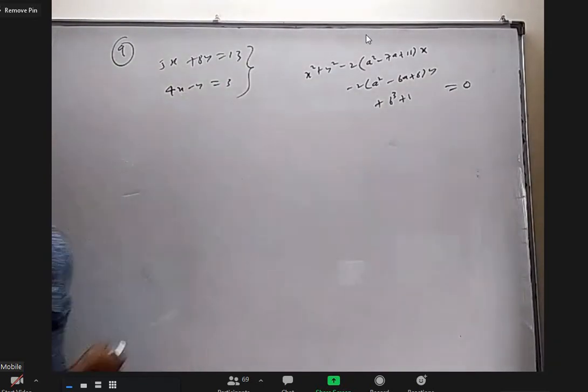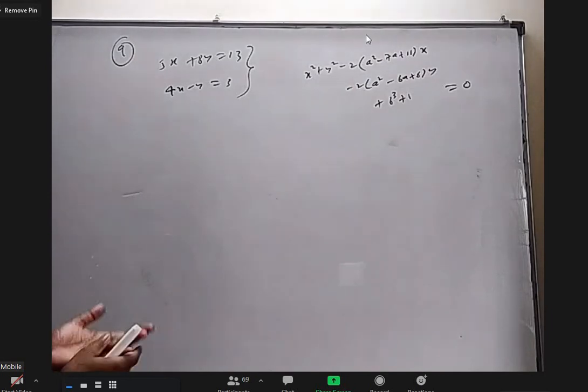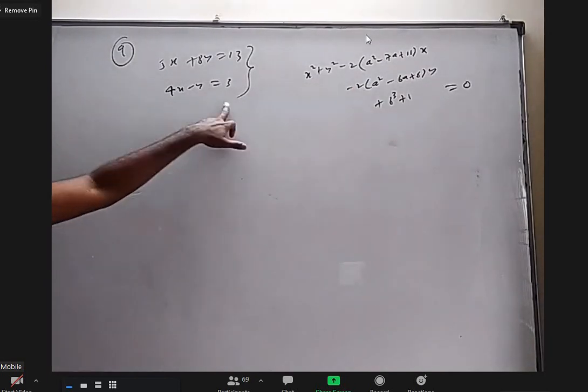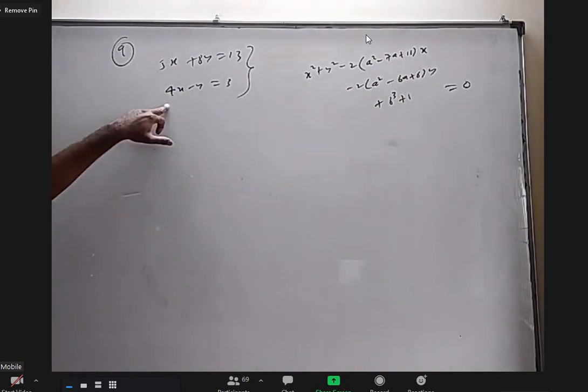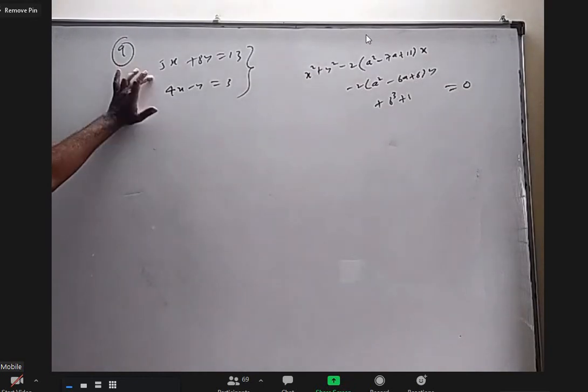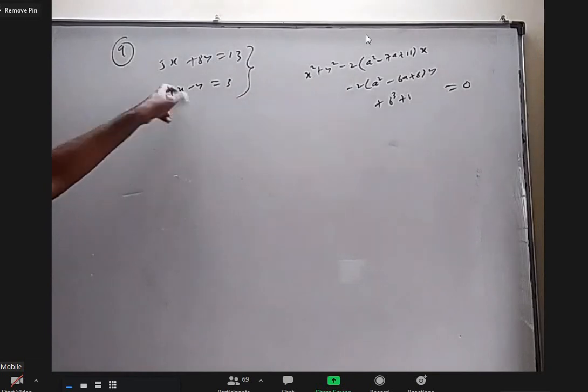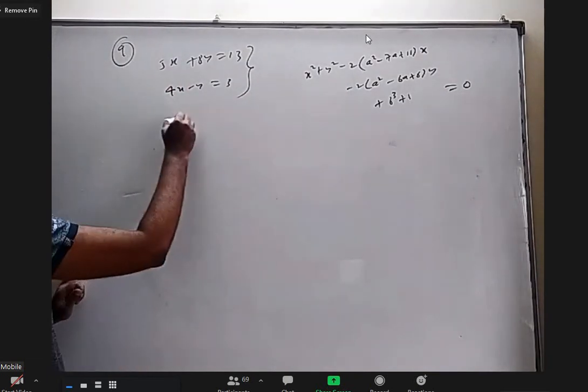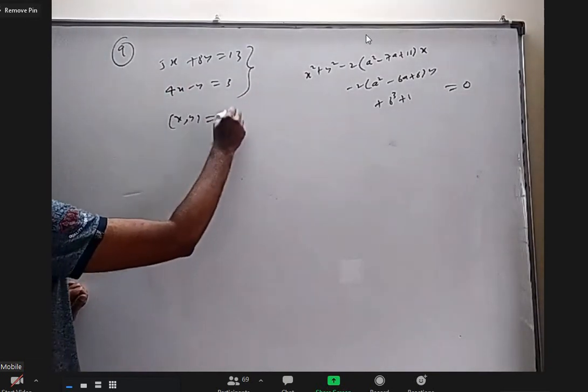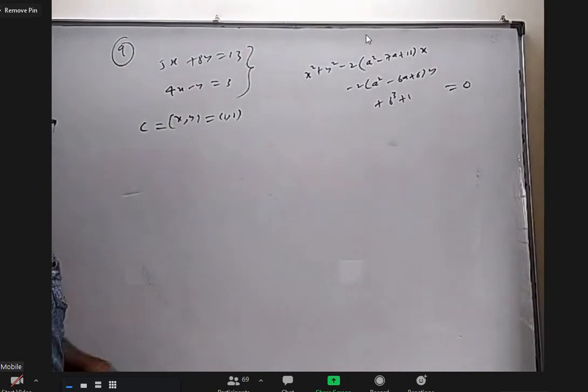So when we solve these two, what will you get? Multiply 8 here and add, 8 4s are 32, 37. So x is coming 1, y is also 1. x comma y is 1 comma 1. So this is the center, 1 comma 1.